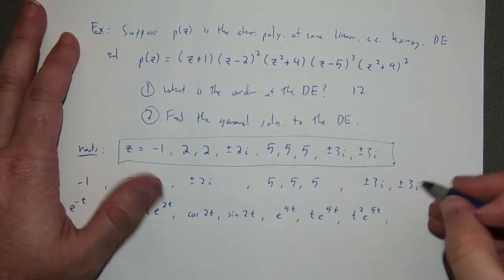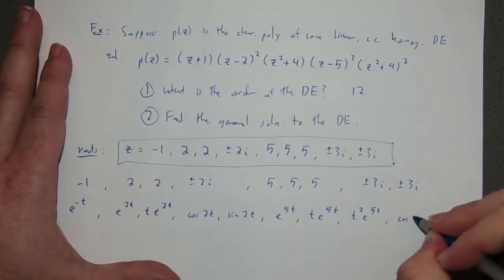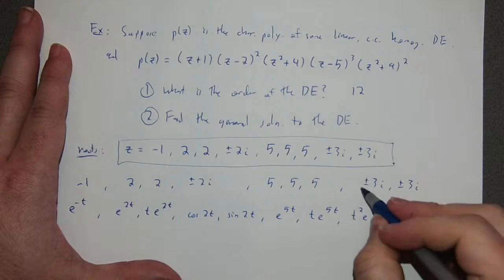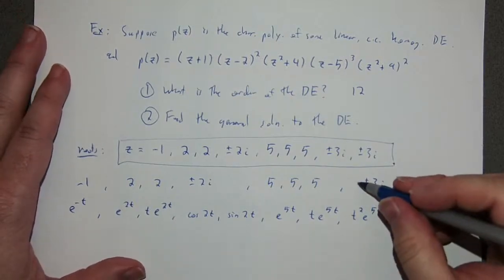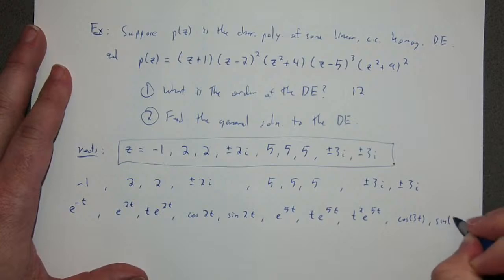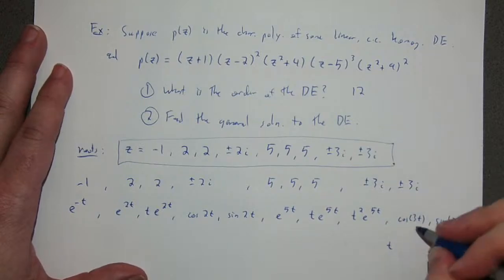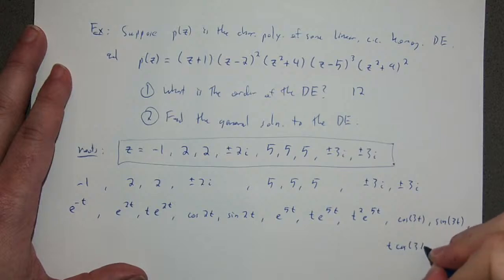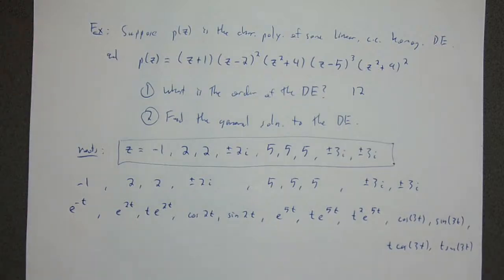What do I get? I get cosine of 3t, again, because the real part is 0 here, so it's e to the 0t cosine of 3t, e to the 0t sine of 3t. But also, I get t e to the 0t cosine 3t, and t e to the 0t sine 3t. That's all of my pieces.